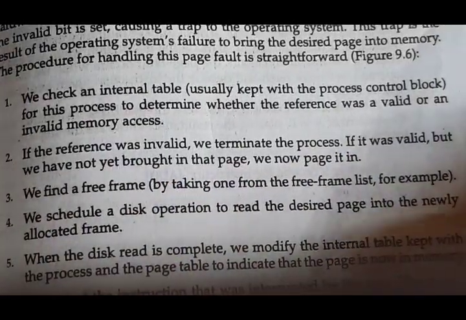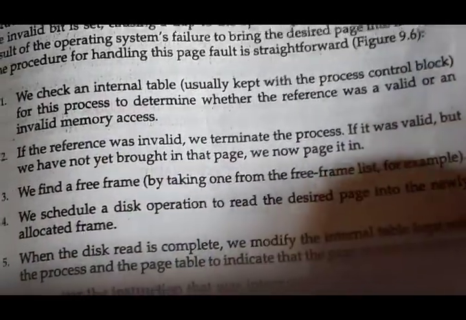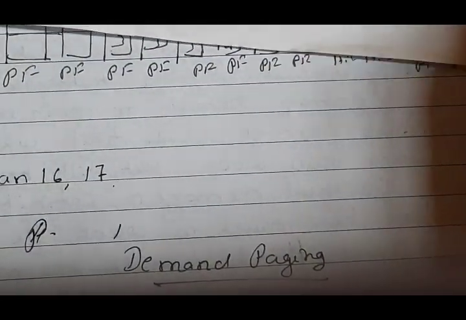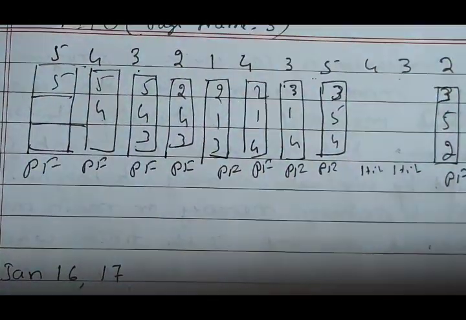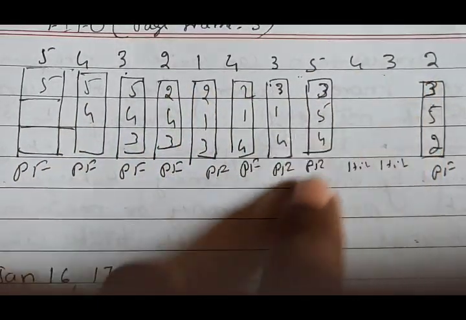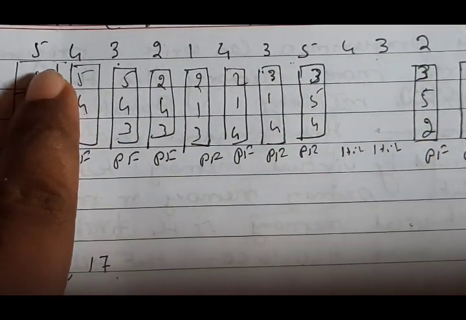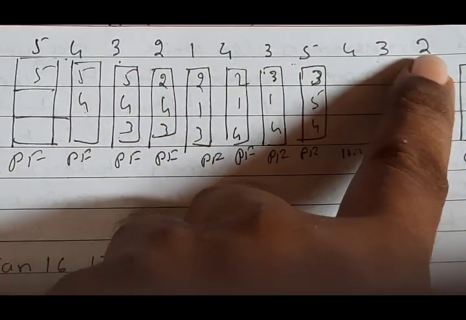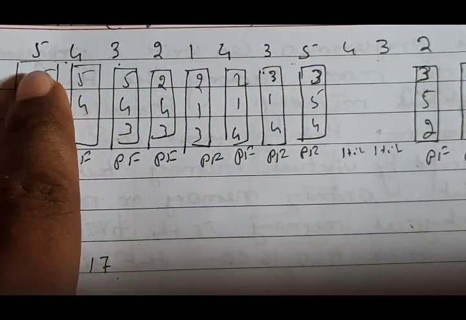What is the meaning here? See here, this is the reference string, and the CPU demands these valid references. Assume page number 7.